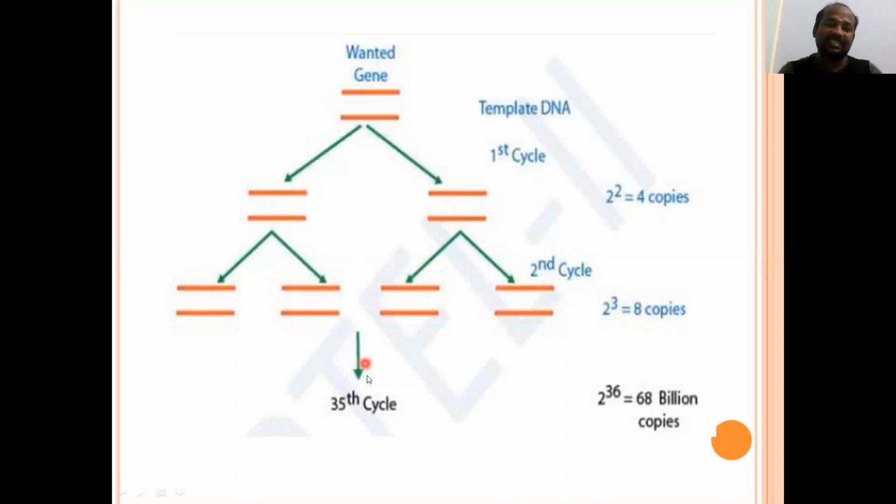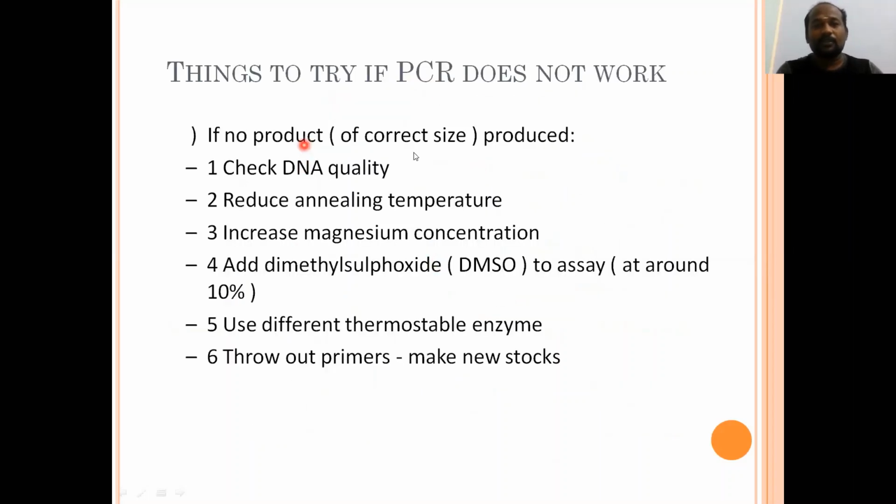We may increase the cycles, we may run even more than 30 cycles. At the end of 30 or 35 cycles, we may have millions of copies of the source DNA of interest. After completing the extension or synthesis of DNA molecules in the PCR, we need to take the tubes containing samples and load them into the electrophoresis gel system.